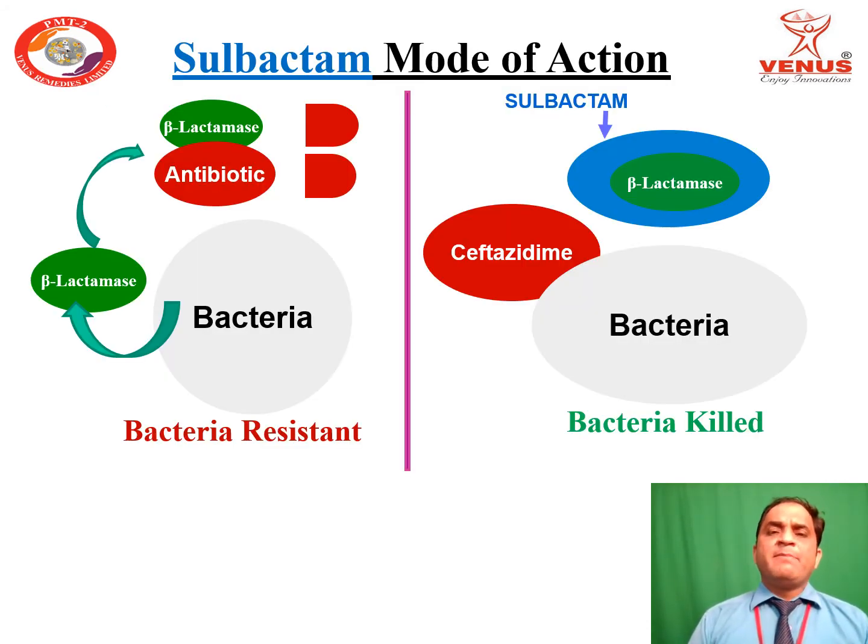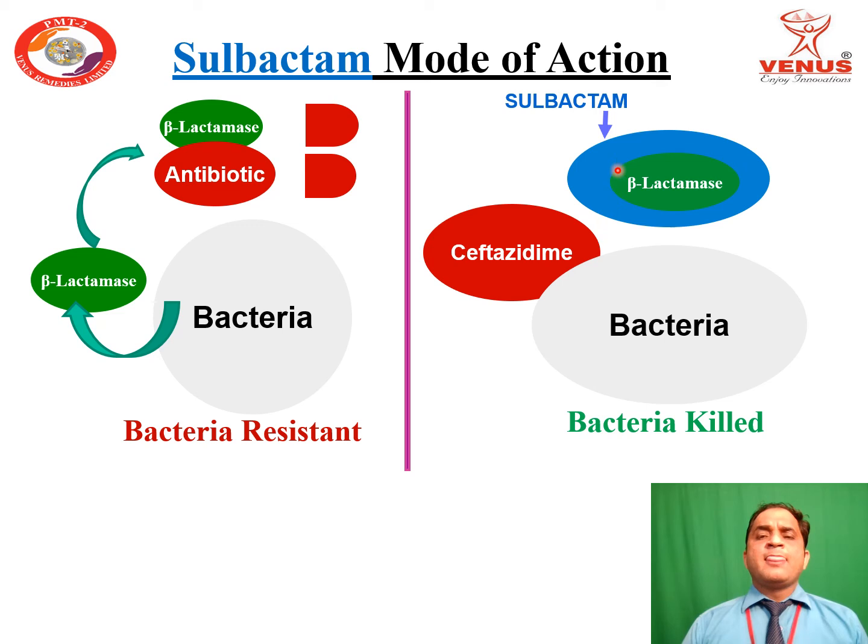Now sulbactam mode of action. So dear friend, in this slide we will discuss how sulbactam works. Again I would like to repeat how the beta-lactamase enzyme destroys the antibiotic, and by destroying the antibiotic how bacteria produce resistance.